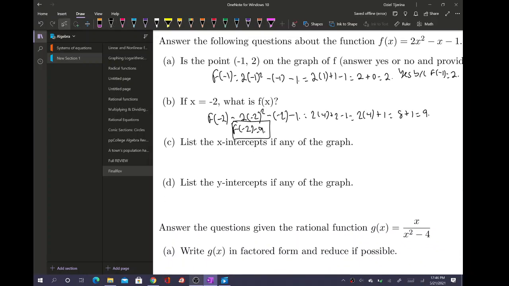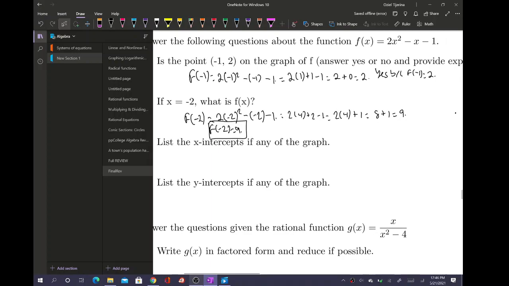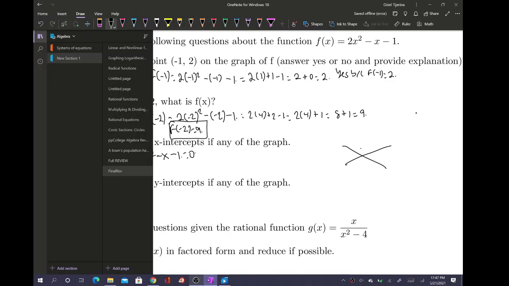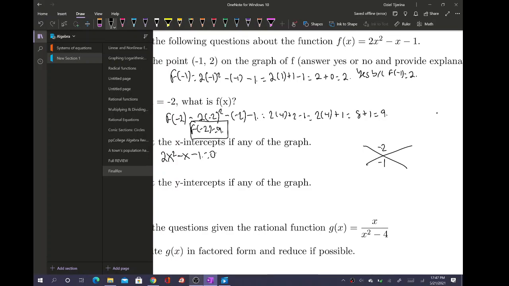List the x-intercepts, if any, on the graph. So we want to set this equal to 0, because when it's talking about x-intercepts, you make y equals 0. And if we factor it, 2 times negative 1 is negative 2. Then we have negative 1 right here.